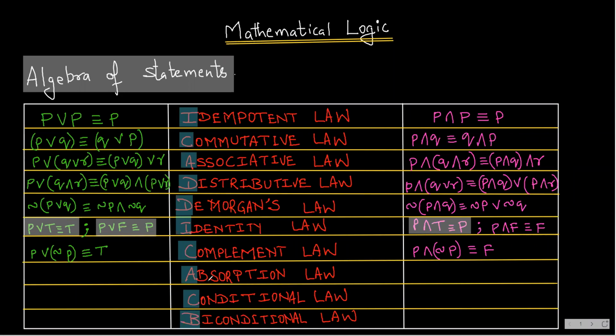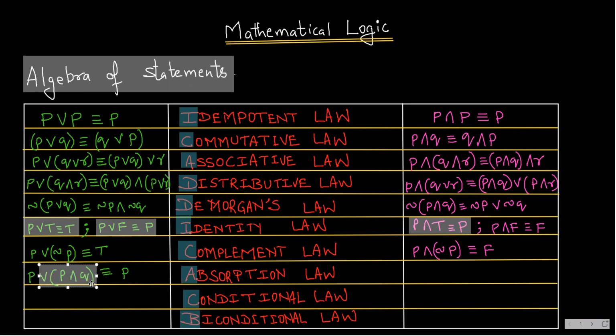Okay, after that we have absorption law. The absorption law goes as follows. If you have P or P and Q, simply write P, as if this whole thing gets absorbed.